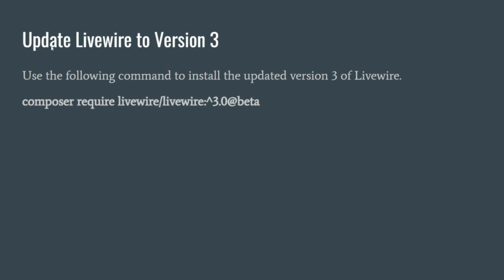In order to update Livewire to version 3, we need to use this command here. So we'll be using composer require livewire/livewire, and we specify version 3.0@beta. Previously, to install version 2, we would simply run composer require livewire/livewire, and that would install version 2.